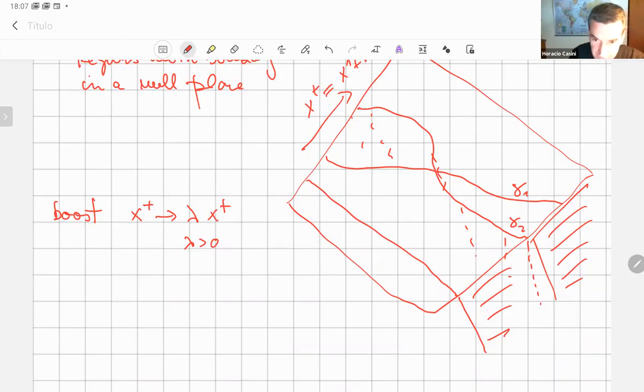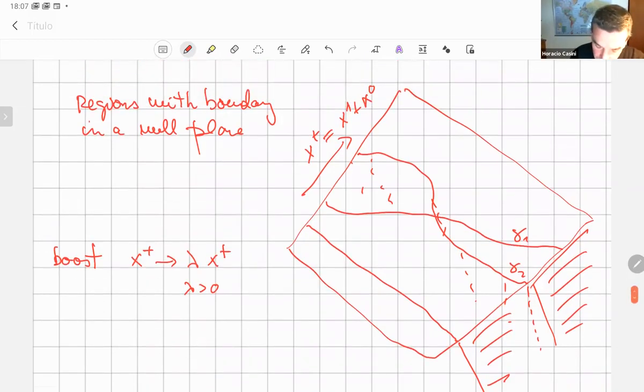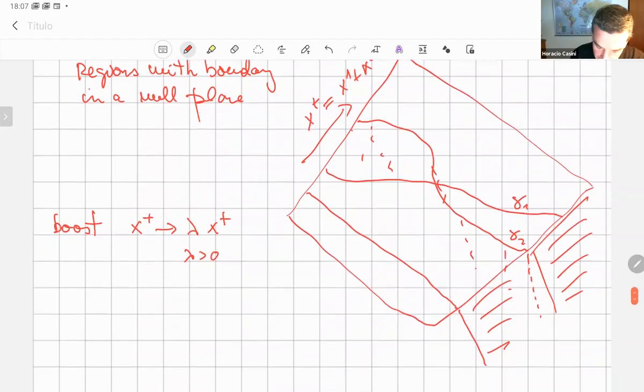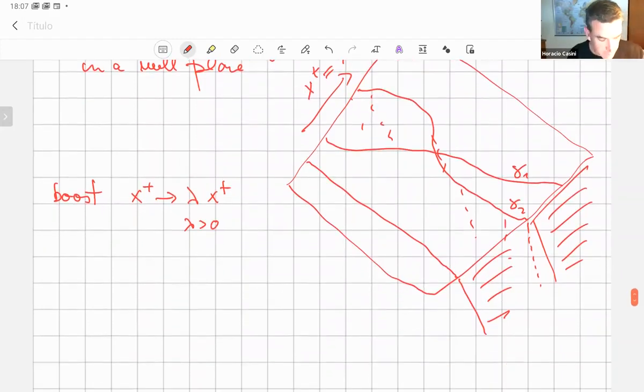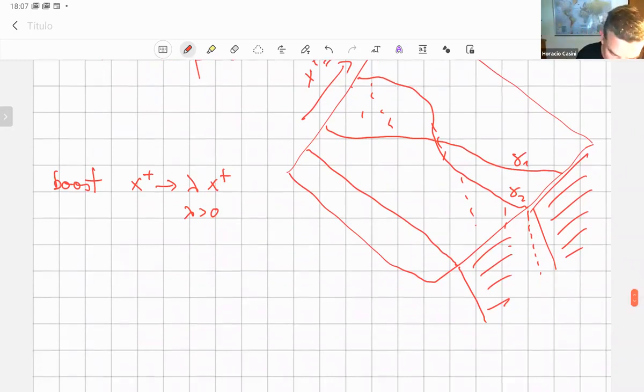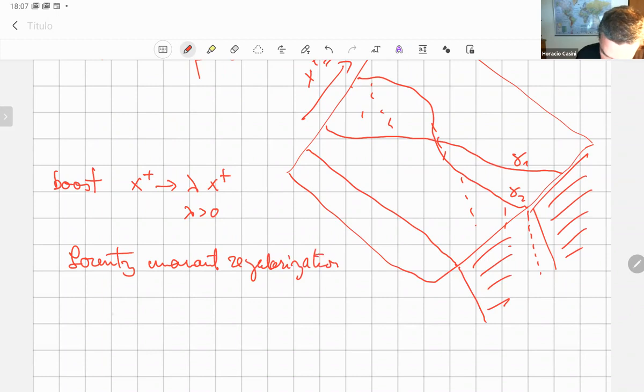It's just a dilatation in the null plane, a boost. And then, if you have a regularization that is invariant under Lorentz transformations, your entropy of gamma will be equal to the entropy of lambda gamma.